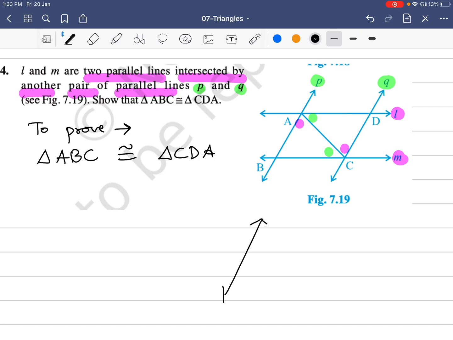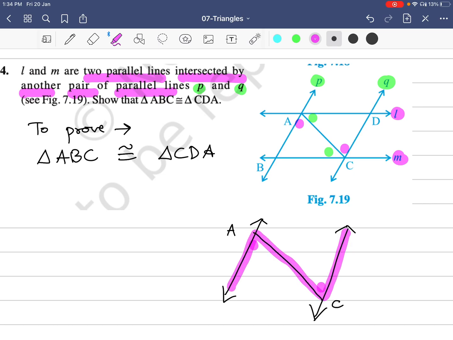So if these are the two parallel lines which are P and Q, and this is my intercept AC, then I can say this angle is equal to this angle. Similarly, this is considering the parallel lines P and Q.